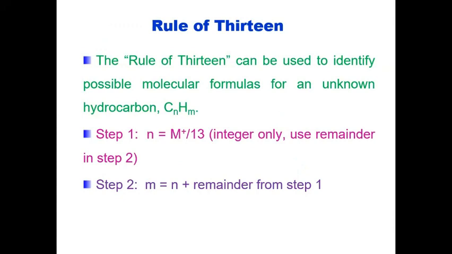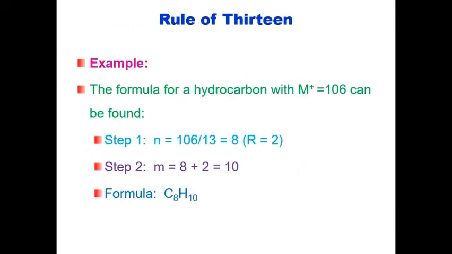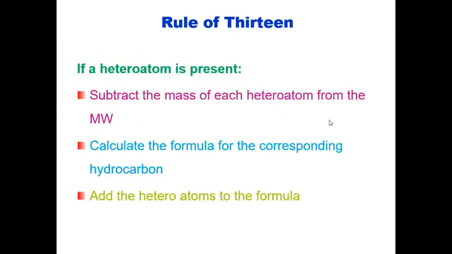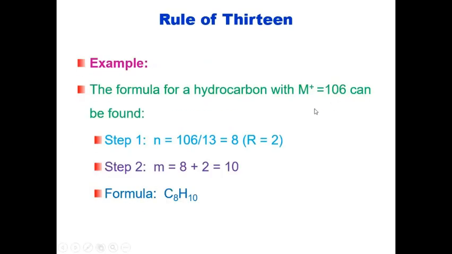Suppose the molecular mass of a hydrocarbon is 106, then it is divided by 13, the isotopic mass of carbon. Then we will have 8 after dividing 106 by 13, and we have a remainder of 2. Then 8 plus 2 is 10.